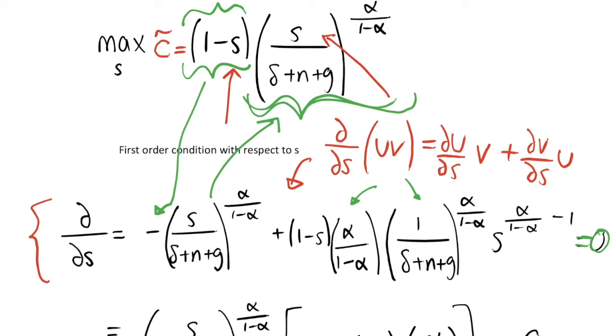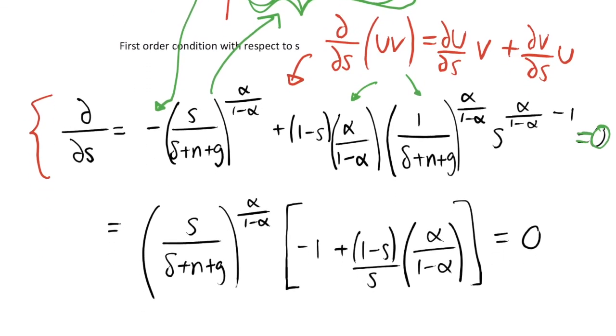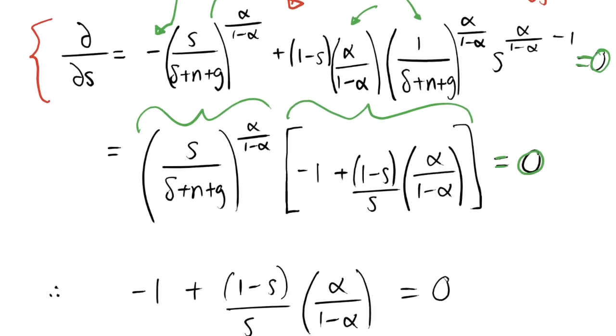we're finding the optimum. And what we can do is take out as a factor this S over delta plus N plus G to the power of alpha over 1 minus alpha, and we are left in brackets with this term here, and this is still equal to 0, of course, because this is a first order condition and we haven't moved anything to the other side of the equation.